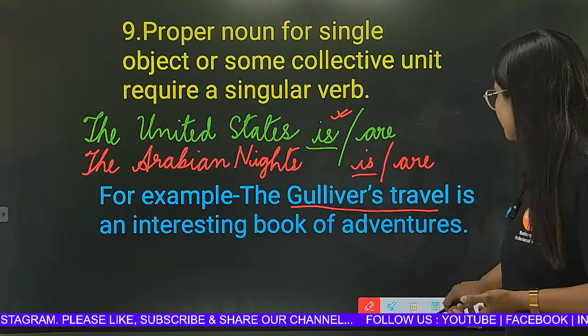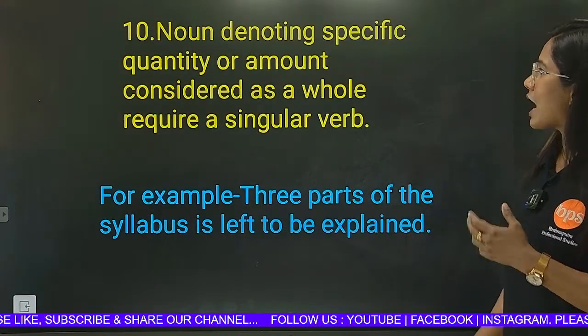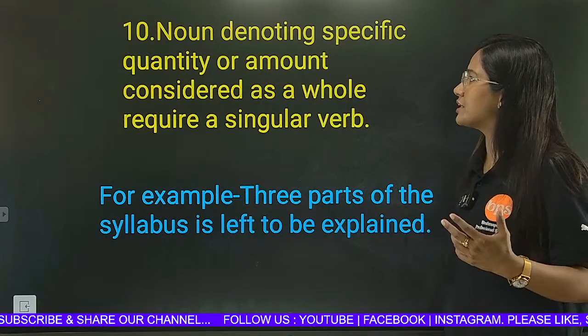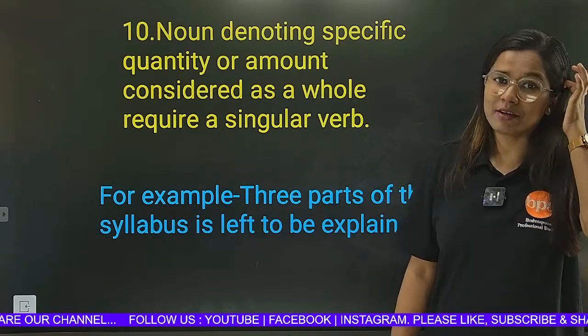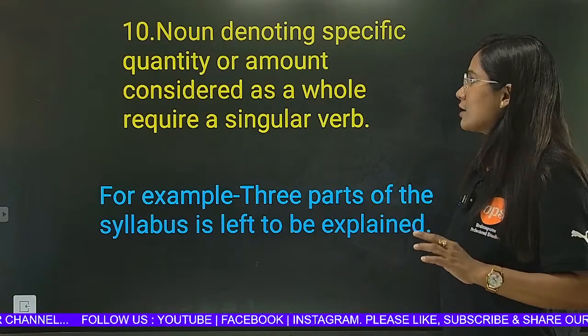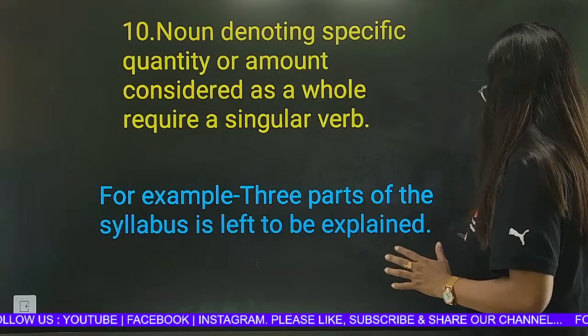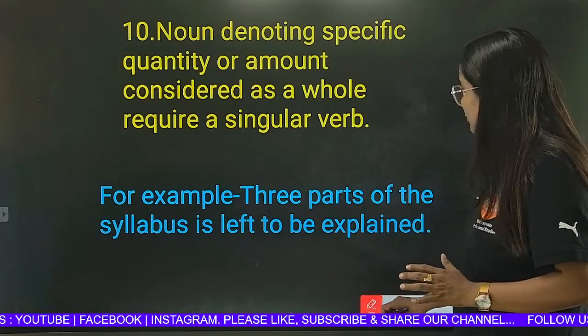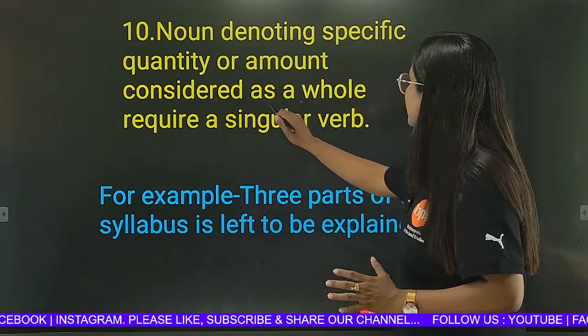Next, moving on to the 10th rule, that is nouns denoting specific quantity or amount considered as a whole require a singular verb. Why? Because the noun here is referring to something as a whole.